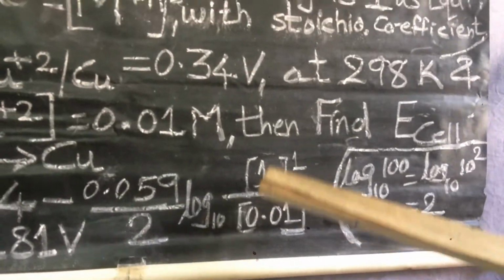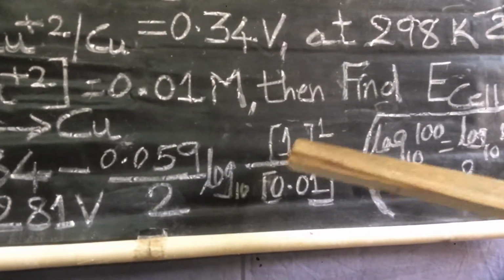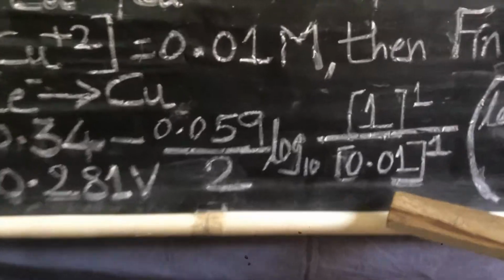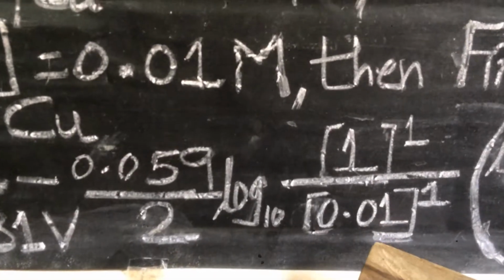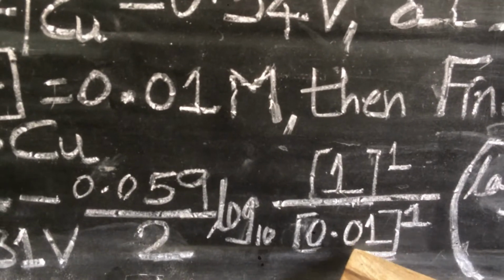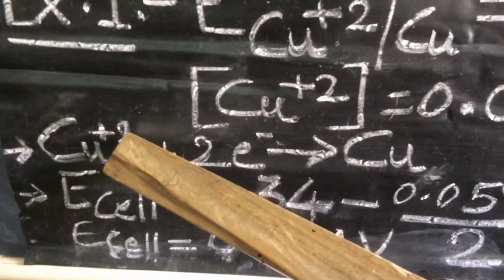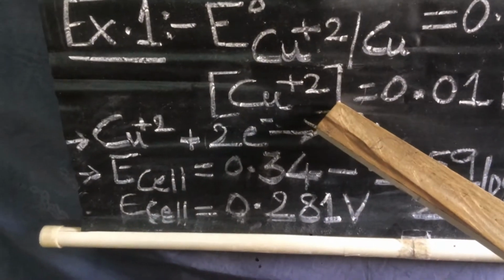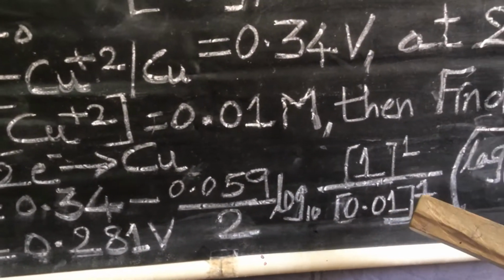So 1, and here you can see there is no coefficient, so raised to power 1. And you see in the denominator, it is M plus n, that means on the reactant side. So on the reactant side you can see here it is Cu plus 2. So taking the concentration of Cu plus 2, it's given to us as 0.01.